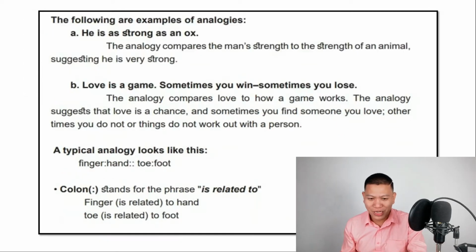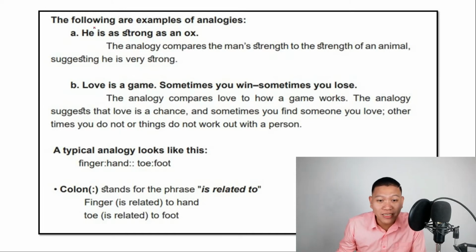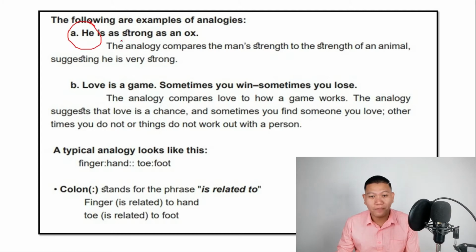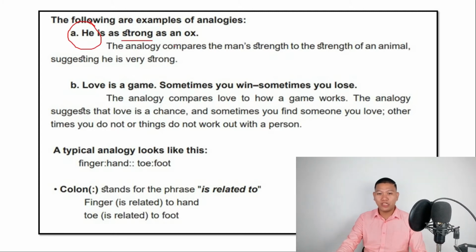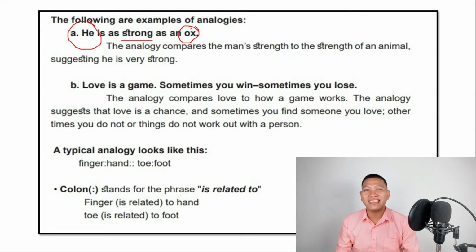Okay, let us continue. The following are examples of analogies. Letter A, he is as strong as an ox. The analogy compares the man's strength, he, plus strong, comparing it to an animal, which is an ox. Okay? Because an ox is an animal known for its strength.